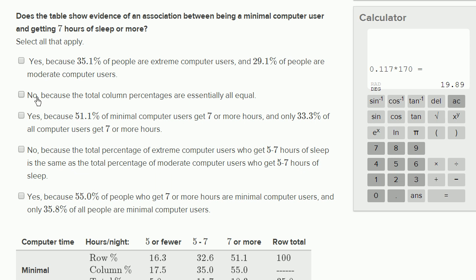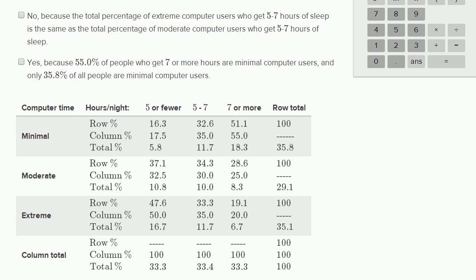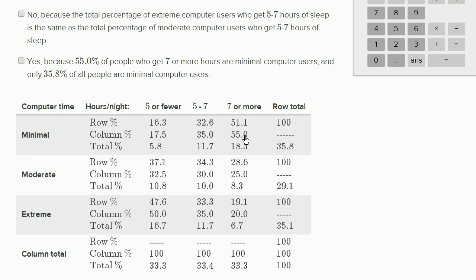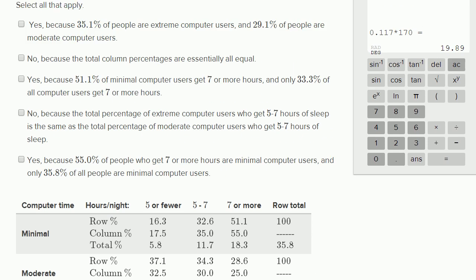The next one: no. Well, I already explained why I go with yes, that there does seem to be a trend, and I don't even believe what the statement is because the total column percentages are essentially equal. We see that the column percentages are not equal for people who are getting 7 hours or more of sleep. So we see that right over here, 55, 25, 20. So I won't go with that one either.